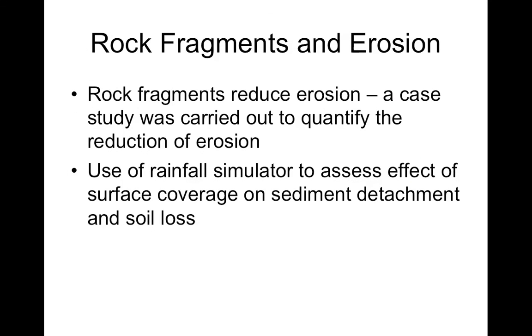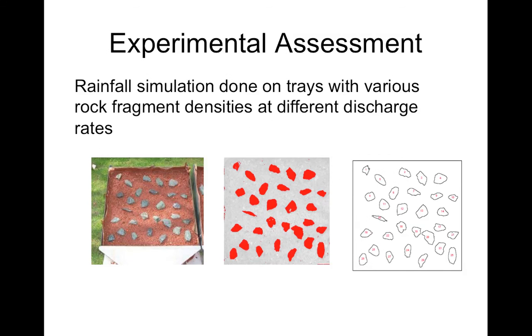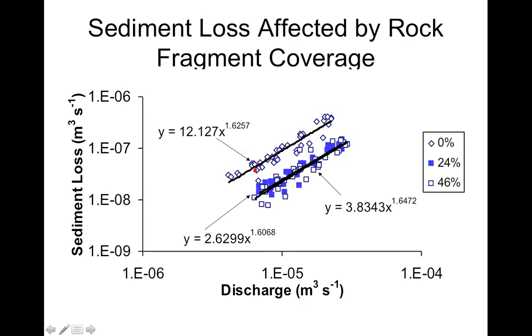So, rock fragments and erosion. Let's go to an experiment. Here are your little rainfall trays with a soil on it, and some rock fragments that have been very carefully placed on the soil surface. Then we've done some image analysis and looked at quantifying the rock fragment cover percentage and its impact on erosion.